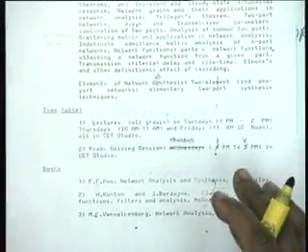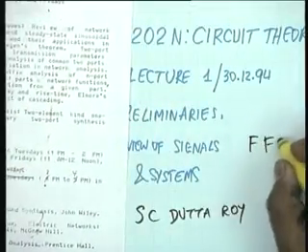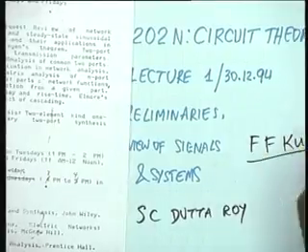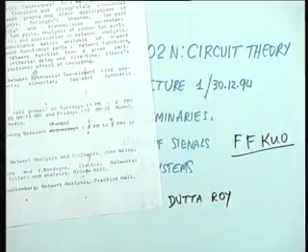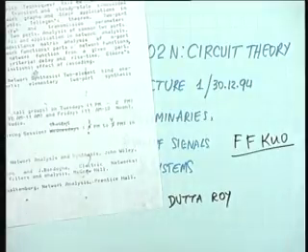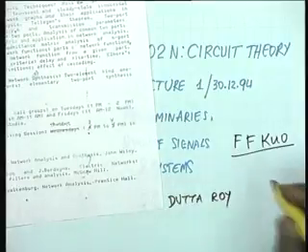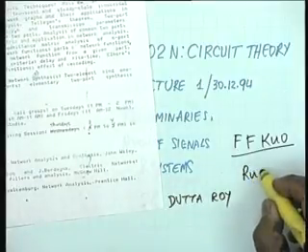The books that shall be prescribed for this course, number 1 is F.F. Kuo. This is available in cheap edition, as I have told you. F.F. Kuo, Network Analysis and Synthesis, John Wiley. It's a very old book, but it's one of the best still available. We will take some material from a book by Ruston and Bordogna.